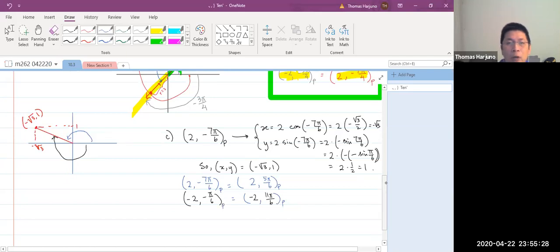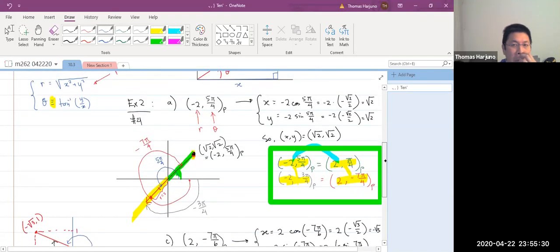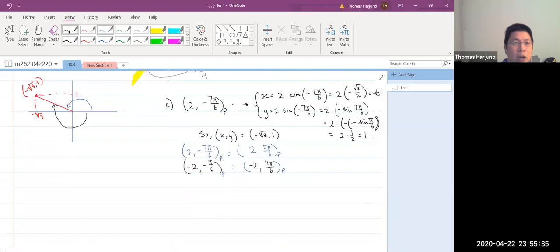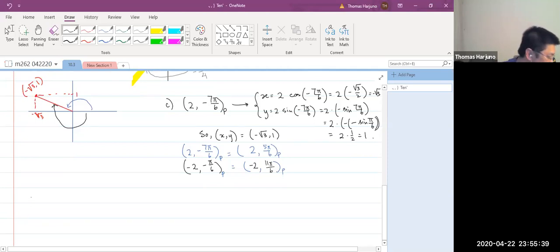Now we have done questions from polar to rectangular. Now let's try doing from rectangular to polar. Suppose we do number 6. Number 6a, we have 3 radical 3 comma 3. Now then, what will the r be?